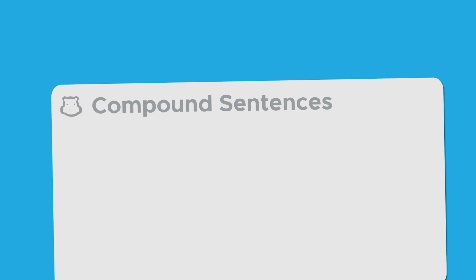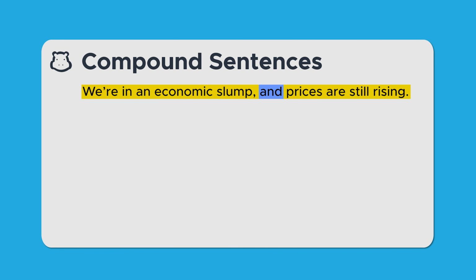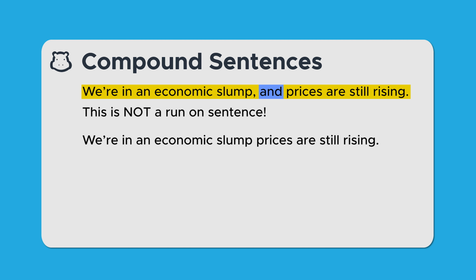Be wary of run-on sentences and the incorrect use of commas. Let's take a quick look at a run-on sentence. We'll use an earlier example of a compound sentence from this video. We're in an economic slump and prices are still rising. If we wrote, we're in an economic slump, prices are still rising, this would be a run-on sentence.